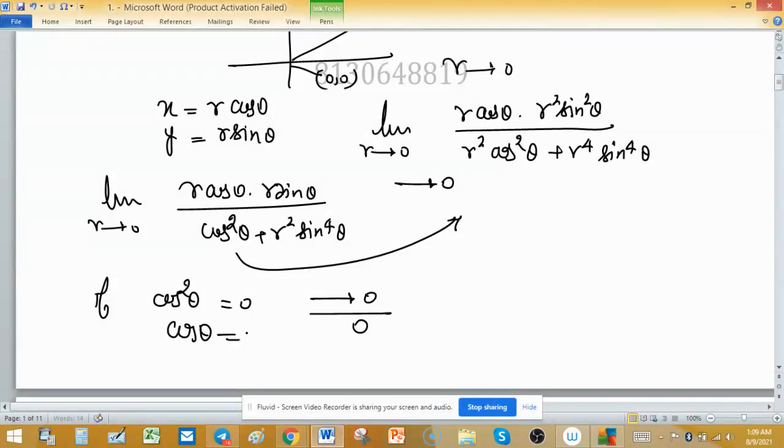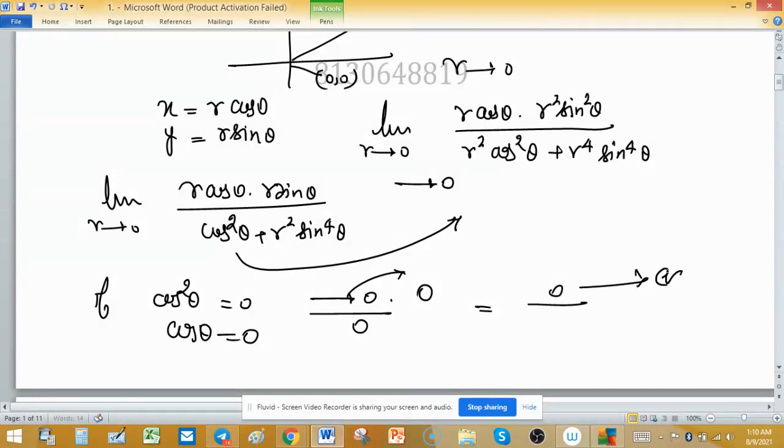This implies that cos theta equals 0. So here the numerator is not exactly 0, because r is a positive value tending to 0.